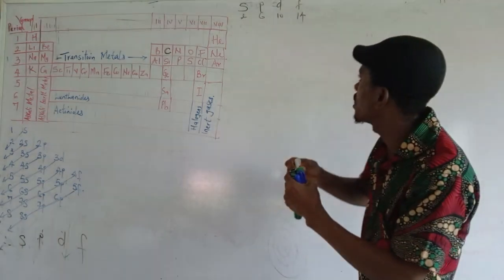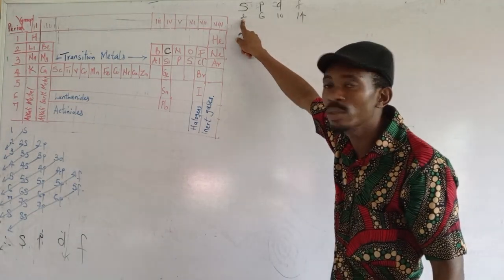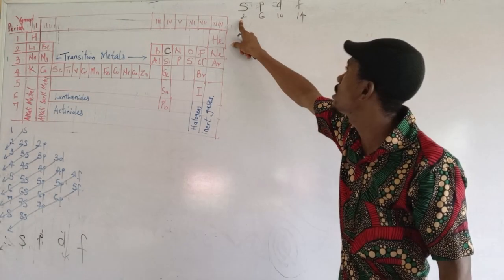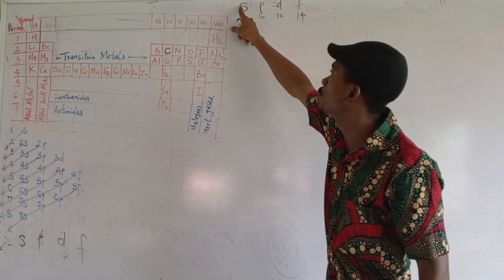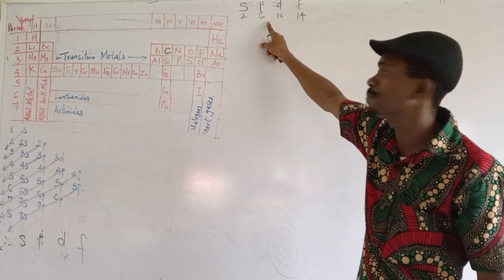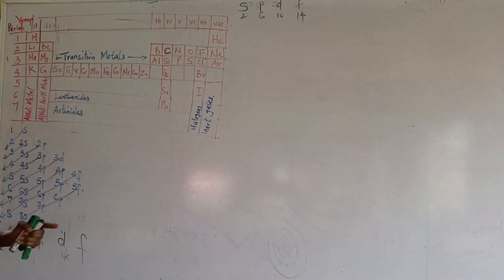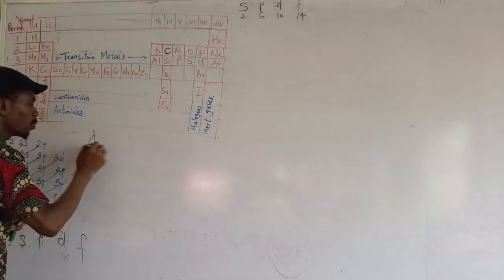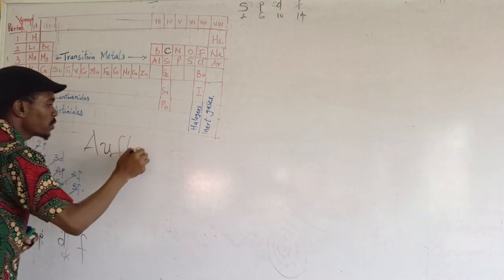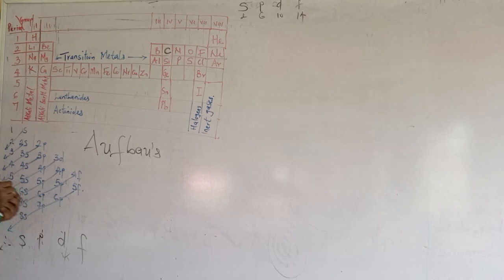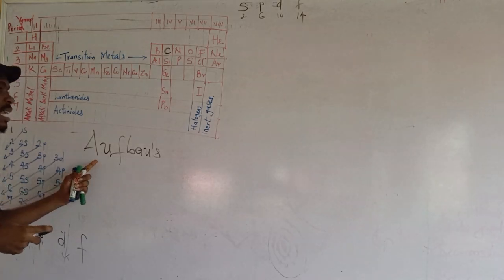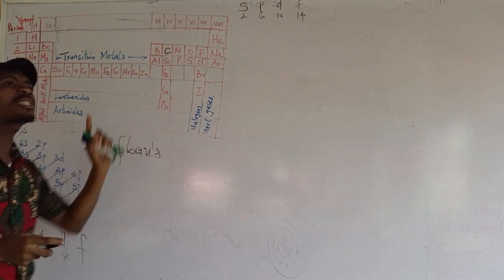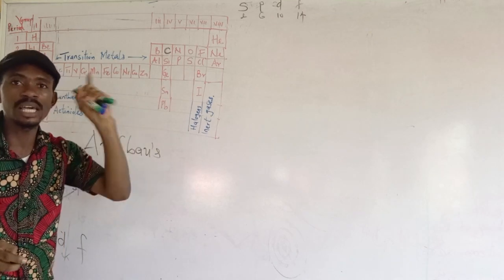So what is happening is that there's a progressive addition of 4 electrons to the preceding block to get the next block. From here, the principle used in this process is called Aufbau's principle, and it states that when filling electrons, they are filled in increasing order of their energy level.